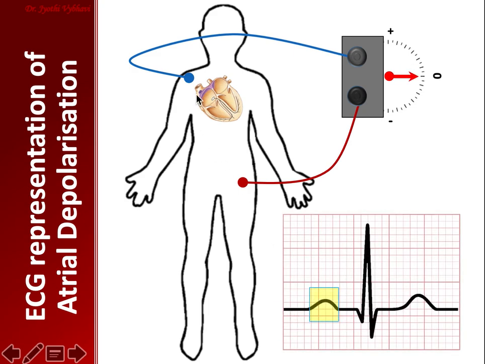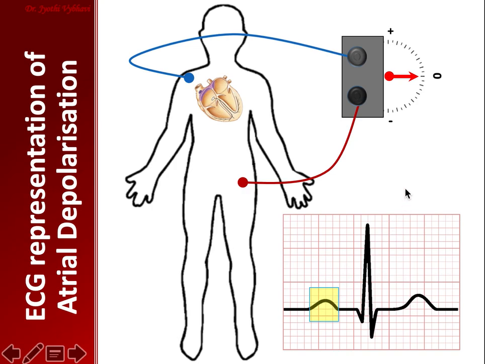When the SA node was firing, there was no vector, so it was recording a straight line. When the atria depolarize, there is a vector which represents it. It is moving downwards and leftwards with moderate velocity, towards the positive electrode, so we get a positive wave.